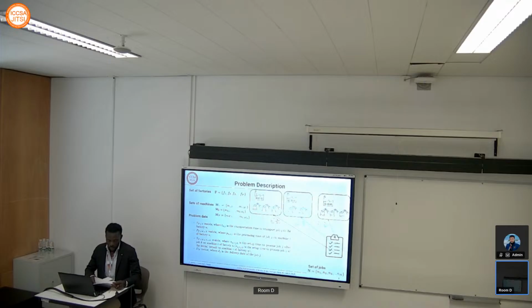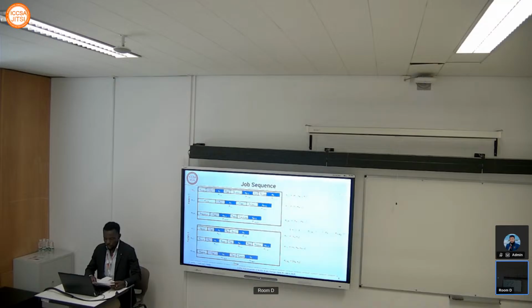So the scheduling objective is to assign jobs to machines and determine the processing sequence of jobs that minimizes one or more objectives. The data are the processing time, sequence-dependent setup time, transportation time between factories, and delivery dates.